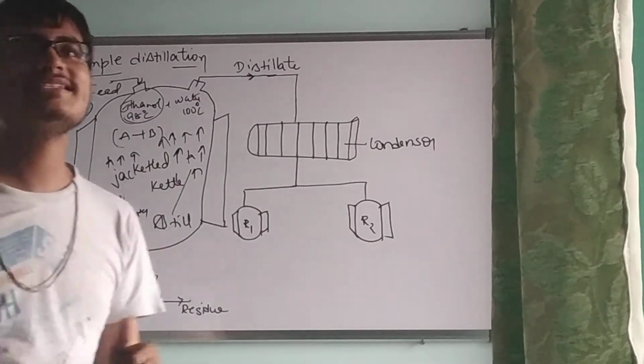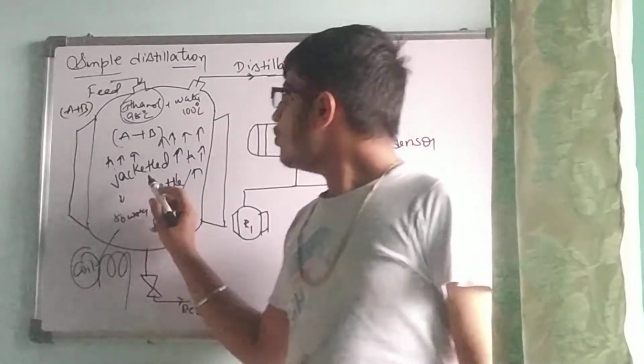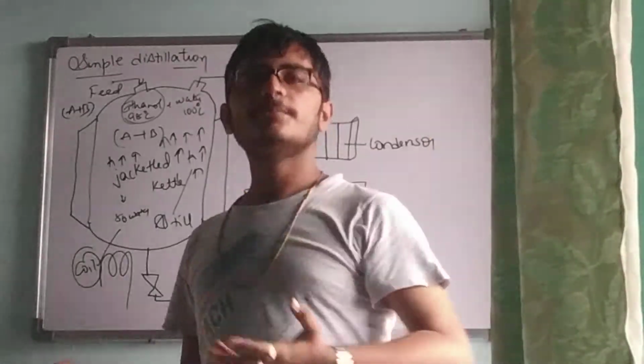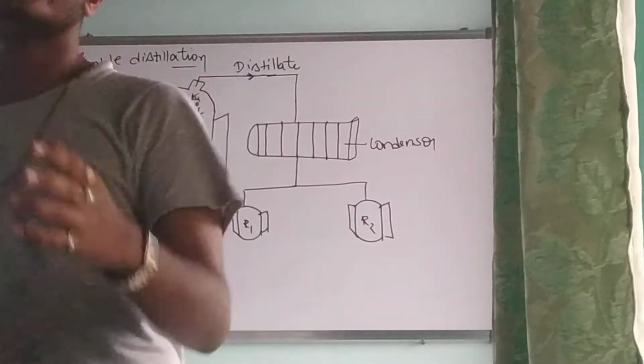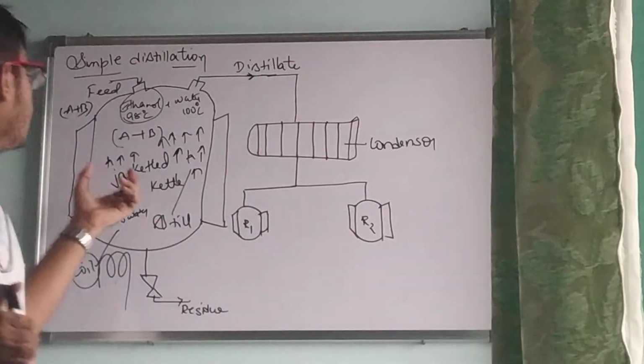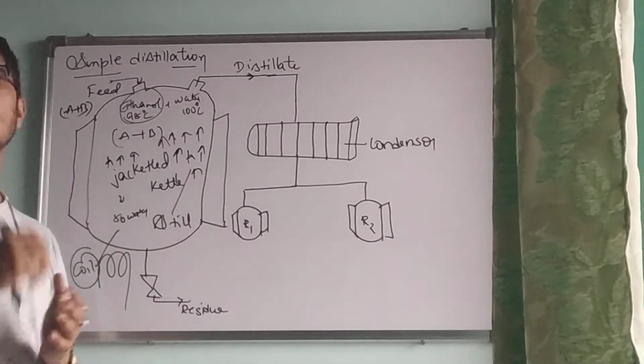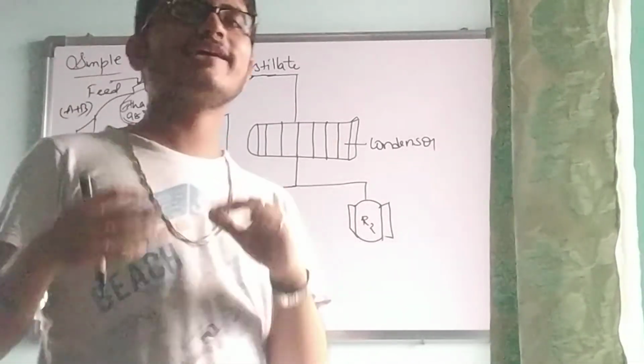So in the initial stages of distillation, the more volatile component forms vapor, but as the distillation proceeds, the composition of the more volatile component reduces.